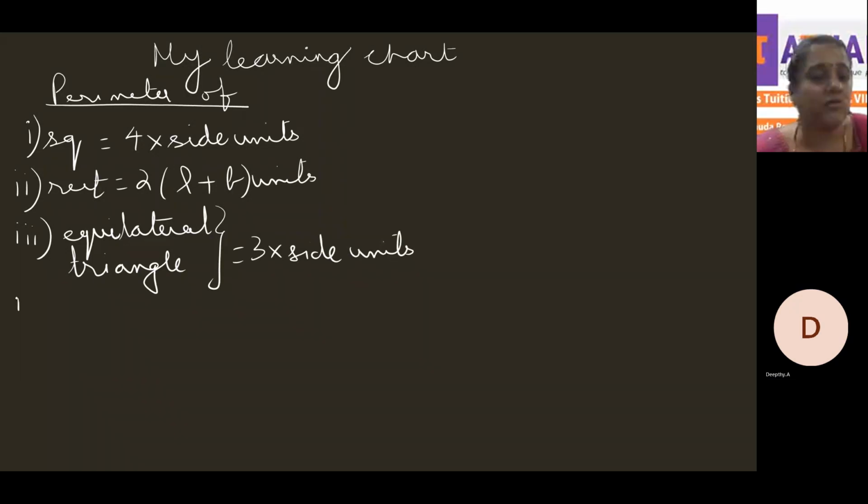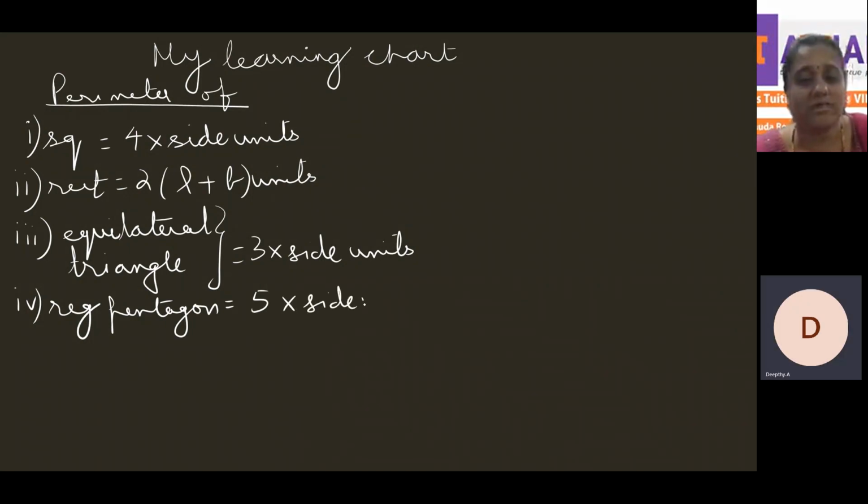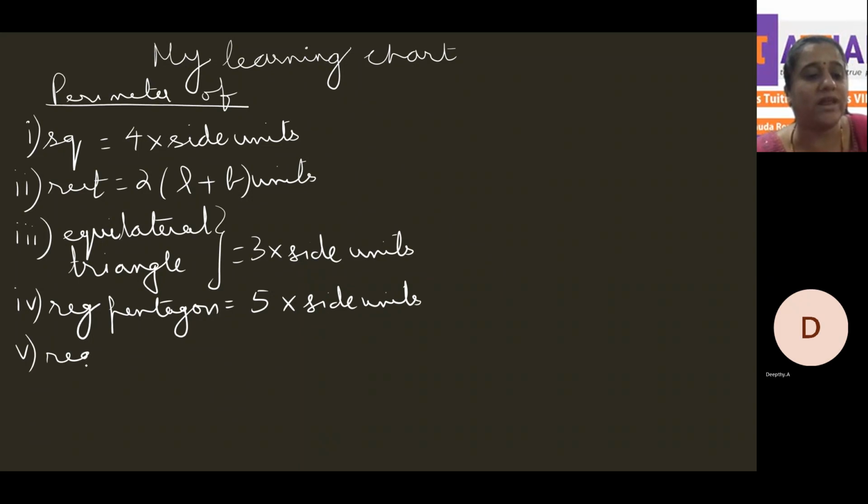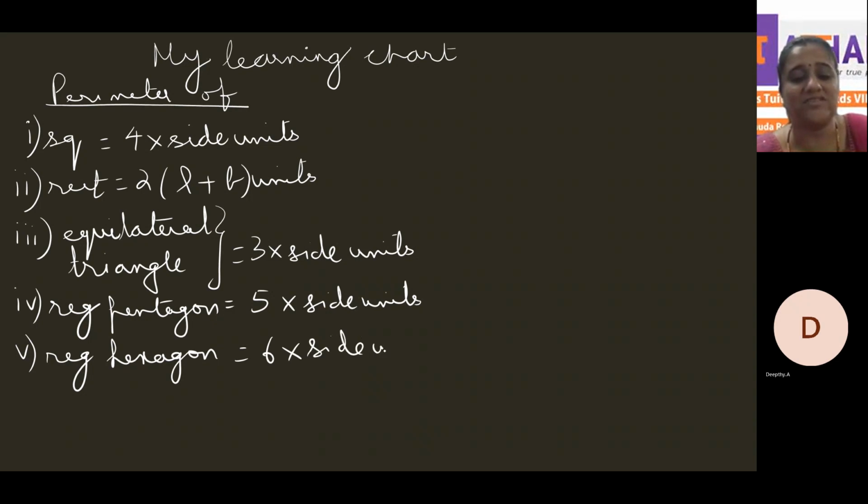What about regular pentagon? 5 into side units. Okay, now this one we have not worked, but tell me what for a regular hexagon? 6 sides, so 6 into side units.